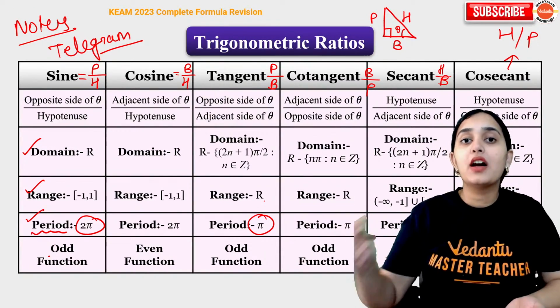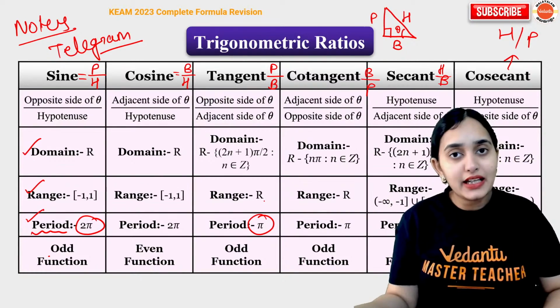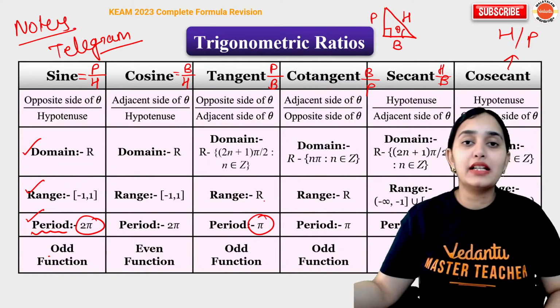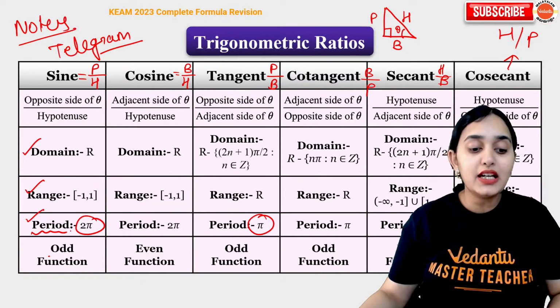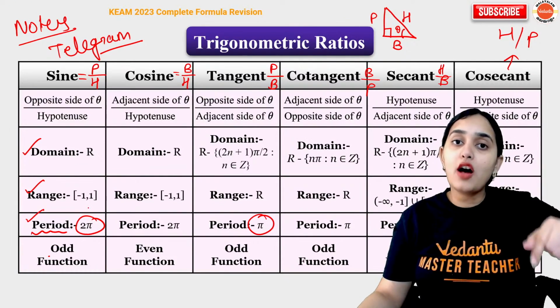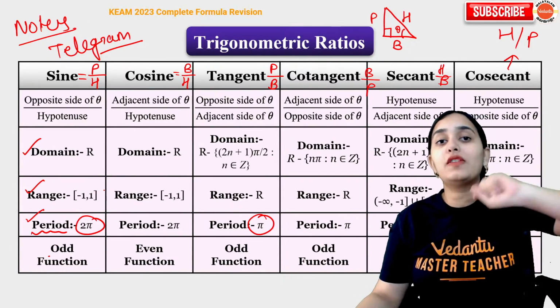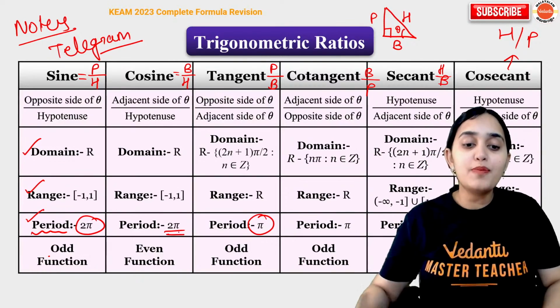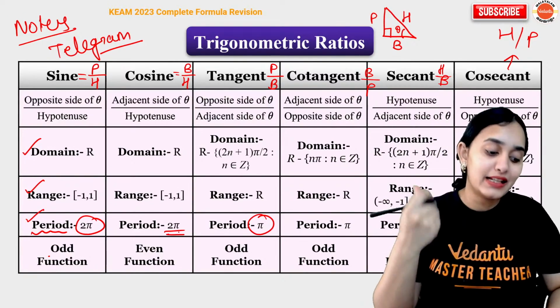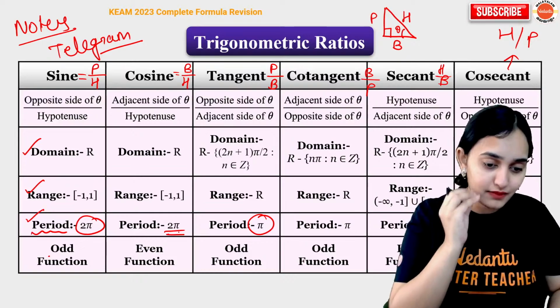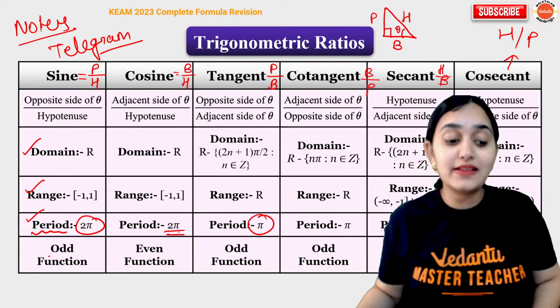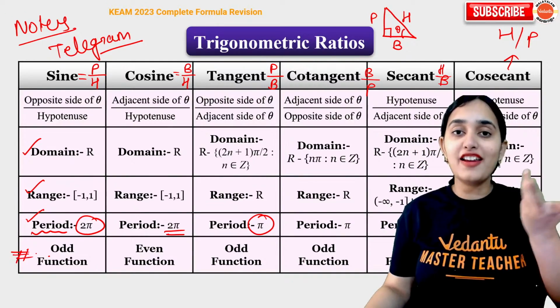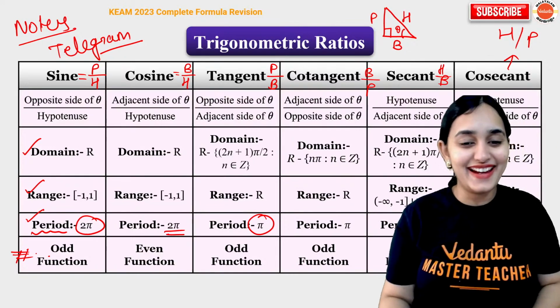So basically, tan 30 degrees and tan of pi plus 30 are both the same. Similarly, cos 30 and cos of 2 pi plus 30 are both the same. That is the meaning of period. Odd and even function is important for integration, right?